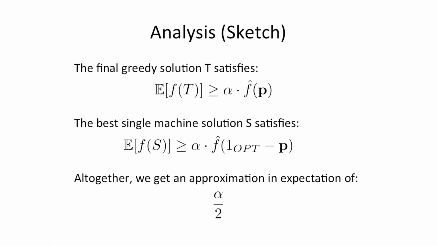And these are individual probabilities, but we have the greedy property. So that tells us that if a bunch of elements are rejected individually, they'll be rejected together. Okay? So we also get a good solution from the first machine. So if we put these two together and use the convexity of the Lovász extension, then we get an alpha over 2 approximation.